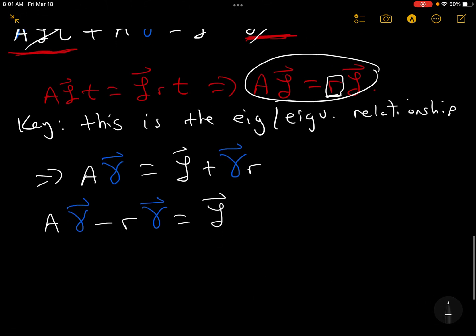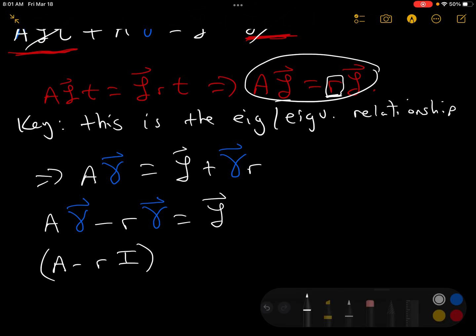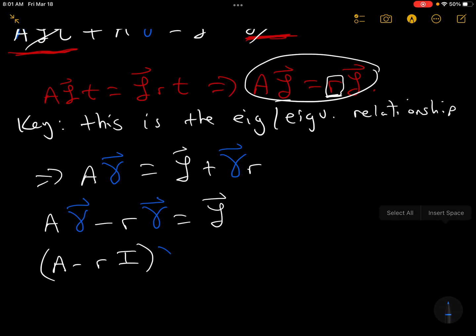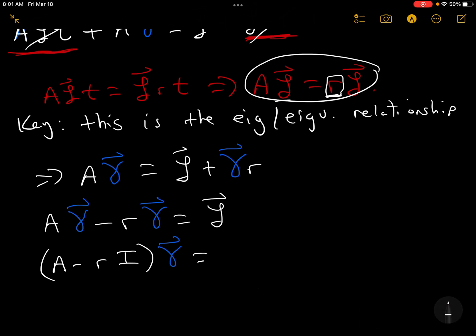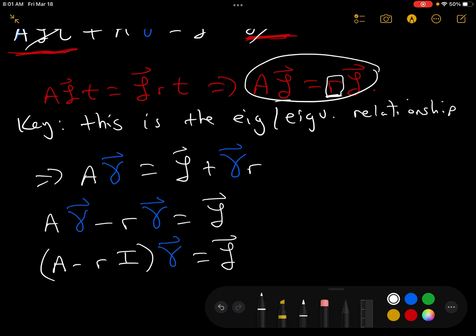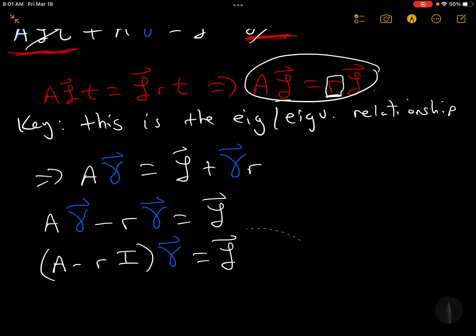Remember, zeta is what we found already. That's the first eigenvector. And now if I factor the gamma out of the left-hand side, I have A minus R I, that's the identity matrix, gamma equals zeta. And this is a matrix equation we can solve for gamma.